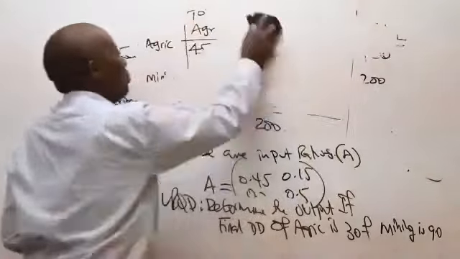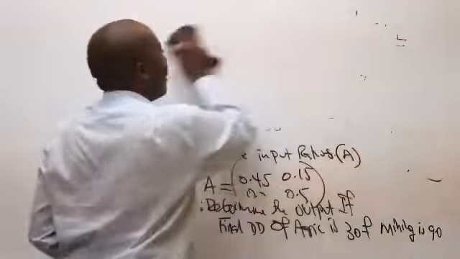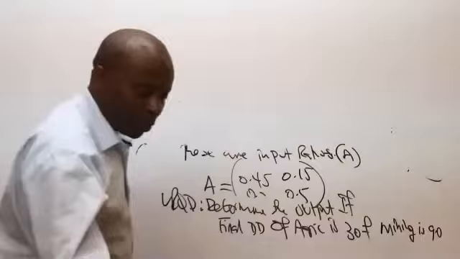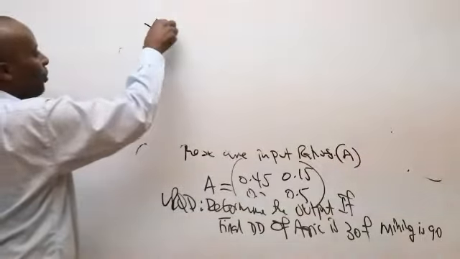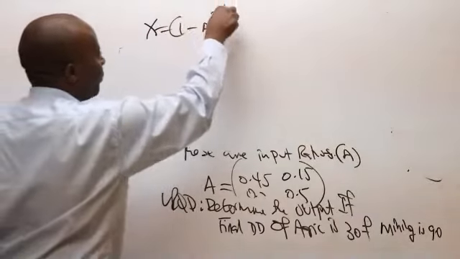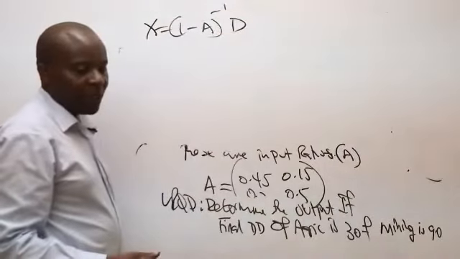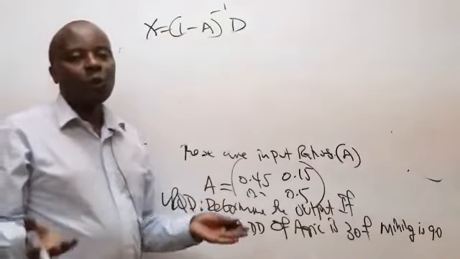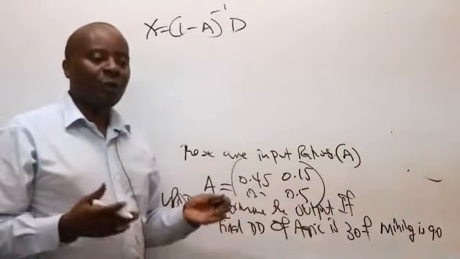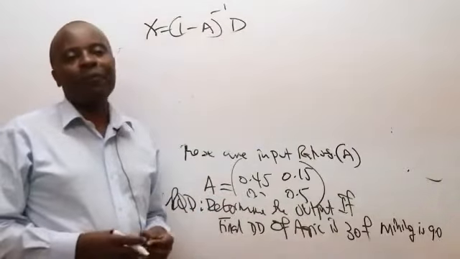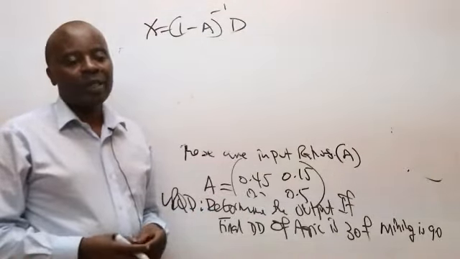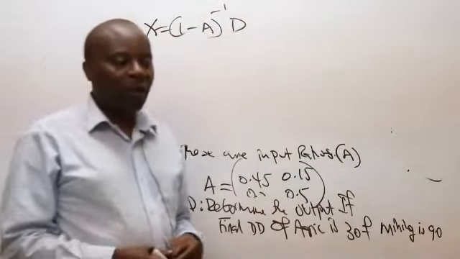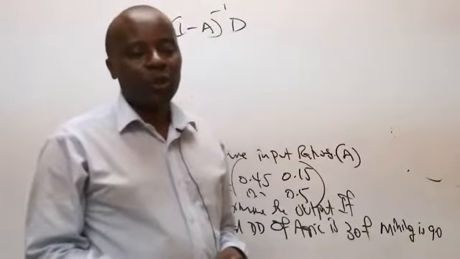I need to remember the Leontief inverse model, which tells me that X equals (I minus A) inverse times D. Then you go through the entire process I've just shown you a few minutes ago. Is there anybody who has a question before I tell you what next we should do?